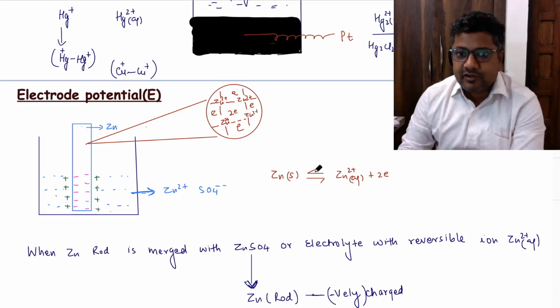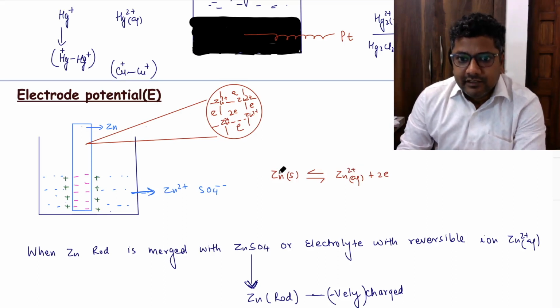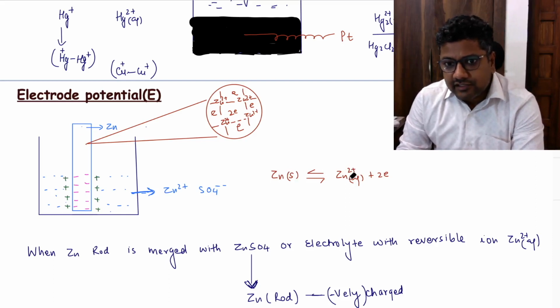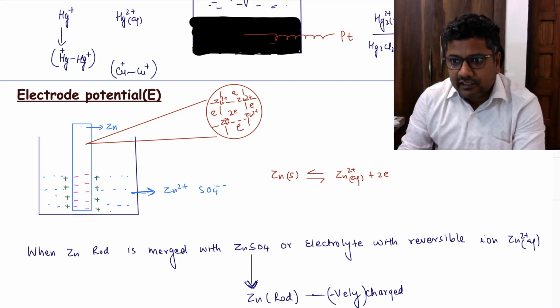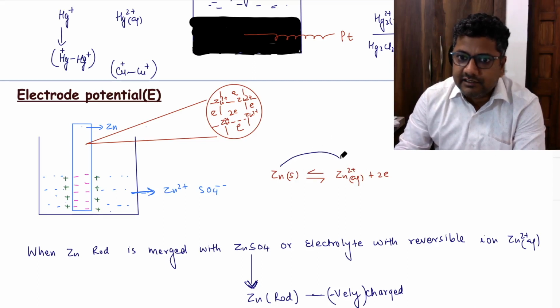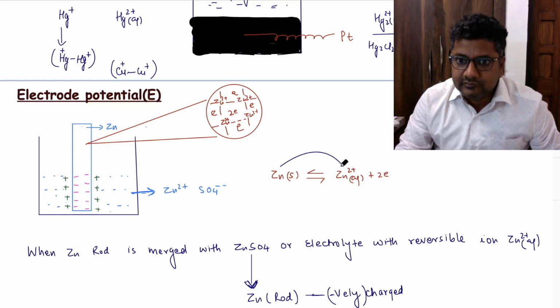See, two opposite processes are set up here. Zinc is oxidized to Zn2+. This is oxidized.